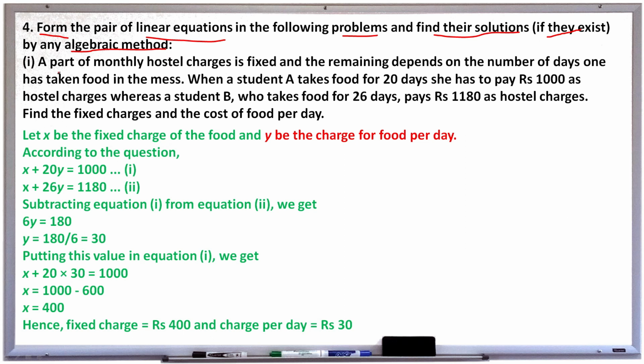A part of the monthly hostel charges is fixed and the remaining depends on the number of days one has taken food in the mess.